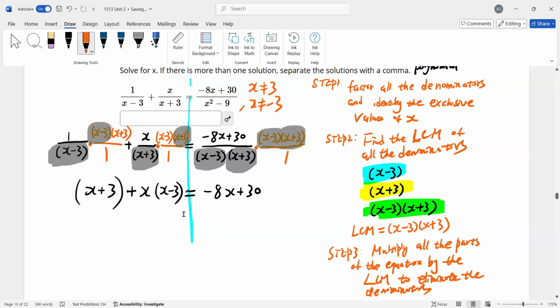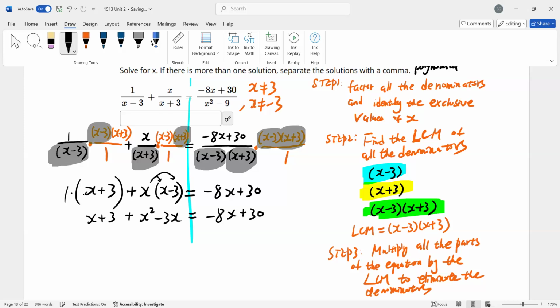This equation is easy to solve because there's no denominators, right? It looks like a quadratic. Let's see. Parentheses, this one could literally remove because the coefficient is 1. So x plus 3. And distribute x times x, x squared. X times negative 3, negative 3x. On the right side, negative 8x plus 30.